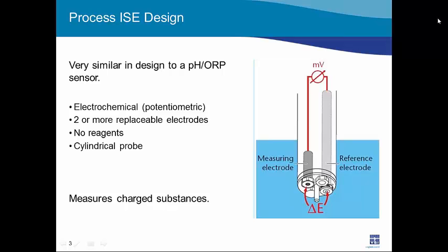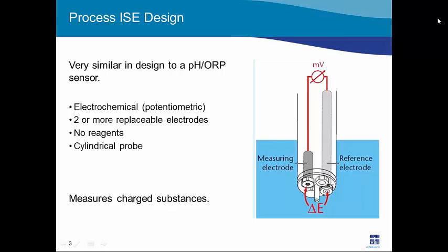Both the pH ORP and the sensors we're talking about today are electrochemical sensors that operate on a potentiometric level and include 2 or more replaceable electrodes and do not require reagents. They are then all the hardware that is incorporated into a 40 millimeter or 60 millimeter in some cases cylindrical probe, which is meant to go directly into the sample.